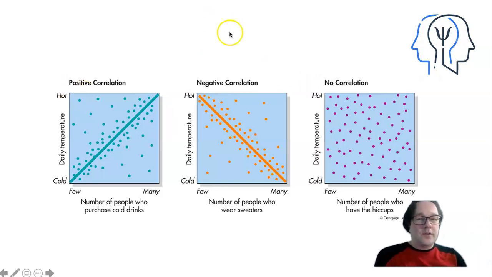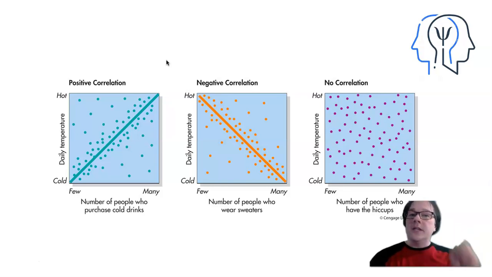With a negative correlation, it could be just as strong, but what it means is that as we are increasing on x, we're actually decreasing on y. So the relationship is flipped, essentially, right? So when we see a negative correlation, we know that as one variable increases, the other variable is decreasing.